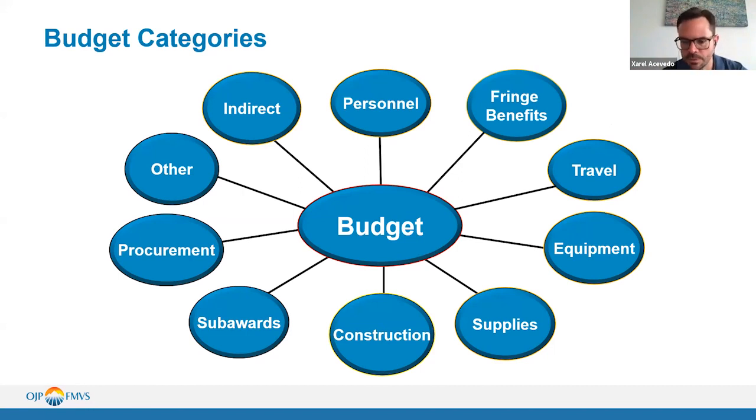Now I'm just gonna mention them one by one. The first one is personnel. Second one is fringe benefits. We have travel, we have equipment, we have supplies, construction, subawards, procurement, other, and then the indirect category.